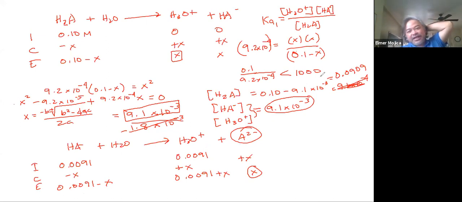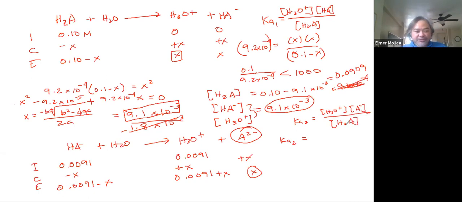So how are we going to solve this? We're going to write the Ka2, and this time we're going to put the values that we have here. Ka2 originally is H3O plus times A2 minus over HA minus.